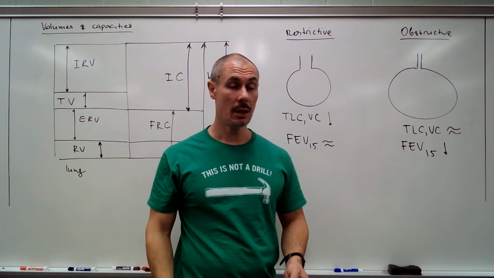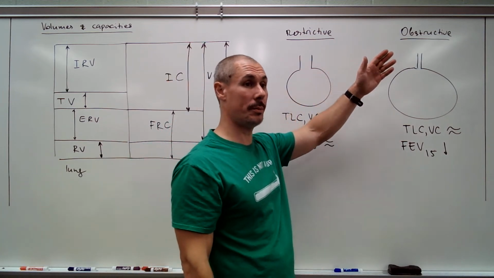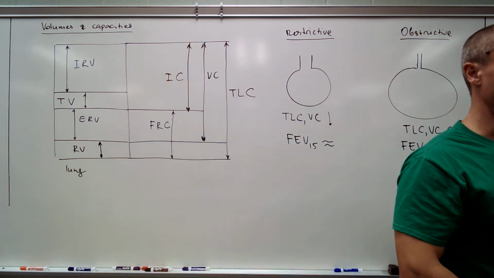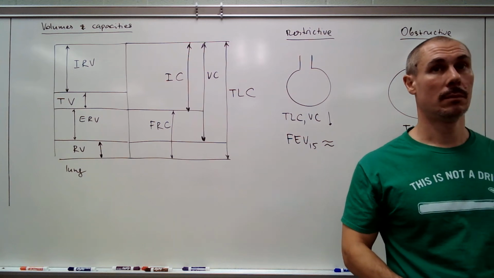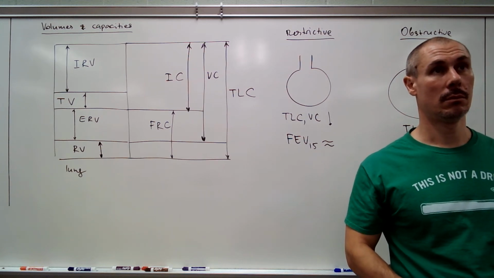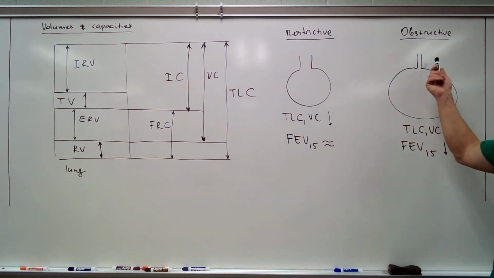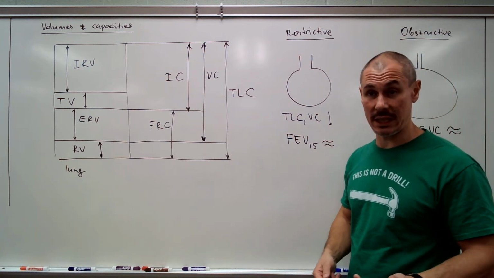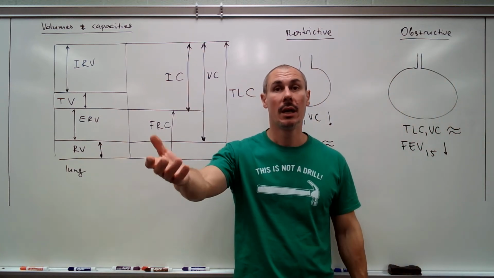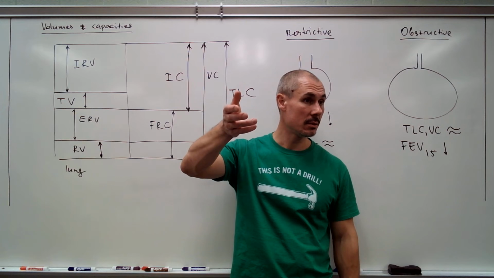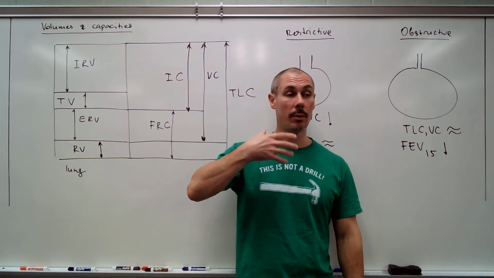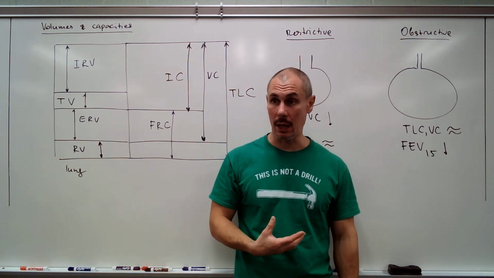You following me? So examples of obstructive disease would be things like asthma or chronic obstructive pulmonary disease. People with COPD, and also cystic fibrosis, it's probably both. But basically the respiratory passages are blocked.